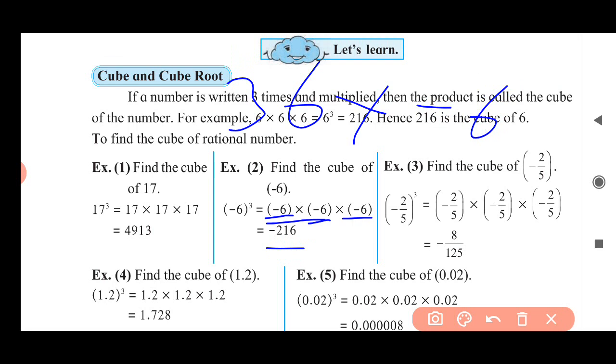Find the cube of minus 2 upon 5. Minus 2 upon 5 raised to 3 means minus 2 upon 5 multiplied by minus 2 upon 5 multiplied by minus 2 upon 5.